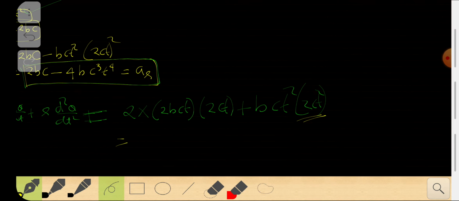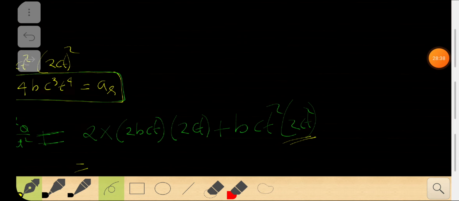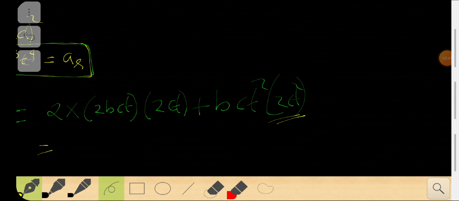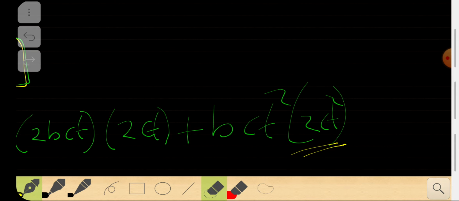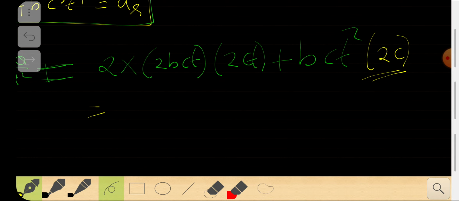d square theta by dt square is just 2c. Sorry about that, that's a mistake I shouldn't have made. So it's just 2c times bct square. Okay, I think it's right.